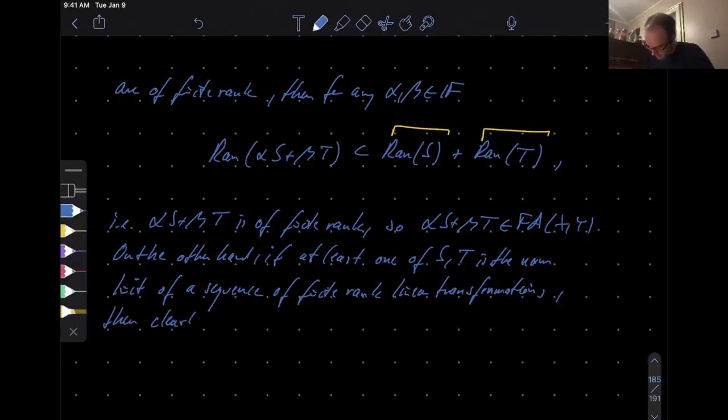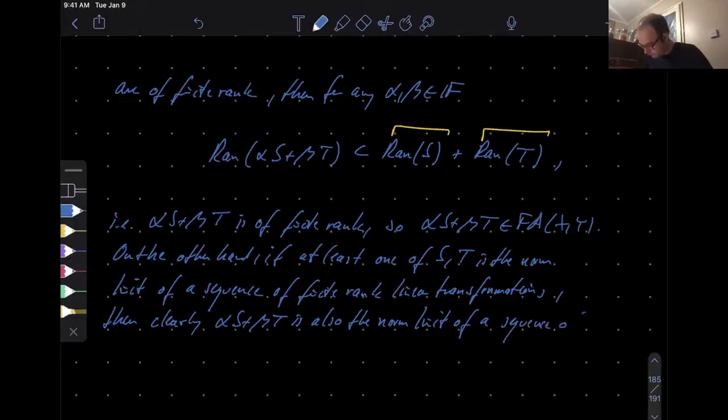If you add the sequences together, to each term in the sequence you add the corresponding term of the other one, then clearly alpha s plus beta t is also the norm limit of a sequence of finite rank linear transformations.